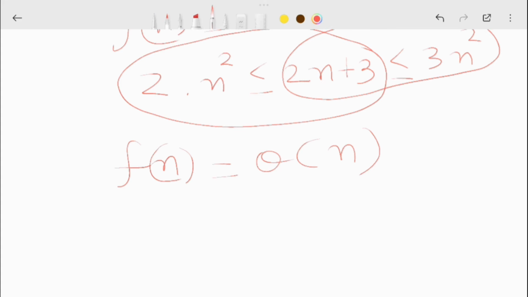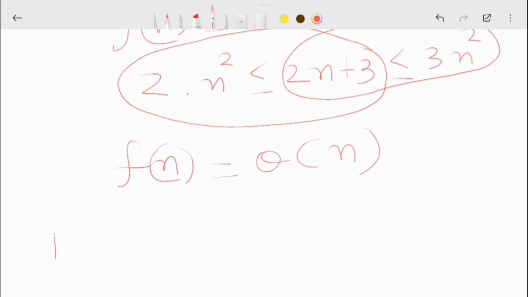Any algorithm cannot take zero time to complete, so zero is not a class. We need to start from a unit time complexity, that is constant time complexity 1.